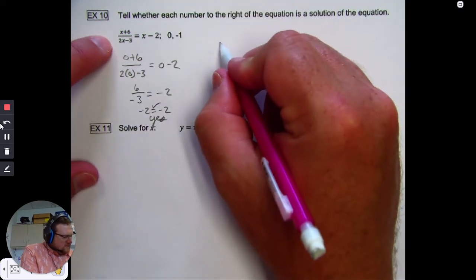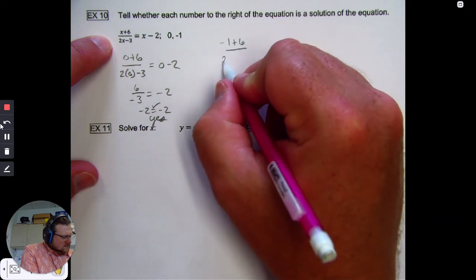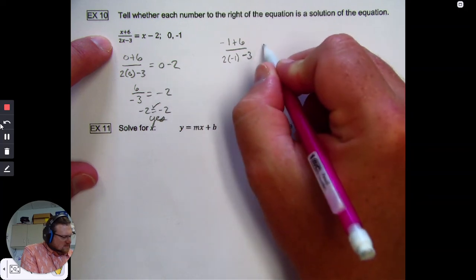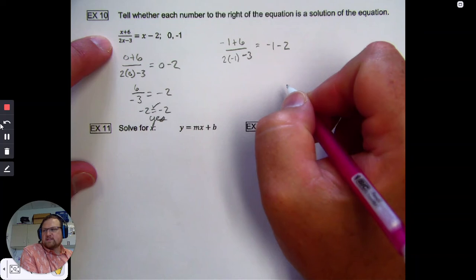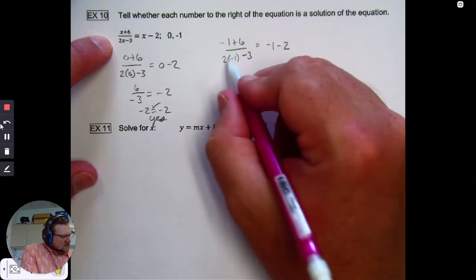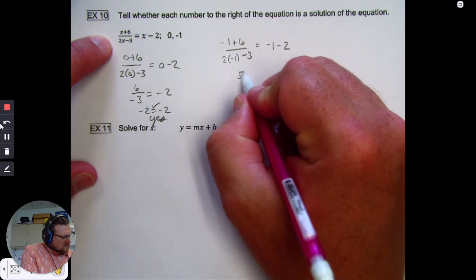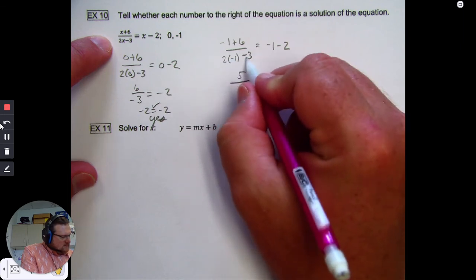For negative 1, we have negative 1 plus 6 divided by 2 times a negative 1 minus 3. Does that equal a negative 1 minus 2? So negative 1 plus 6 would be a positive 5. 2 times a negative 1 would be a negative 2.